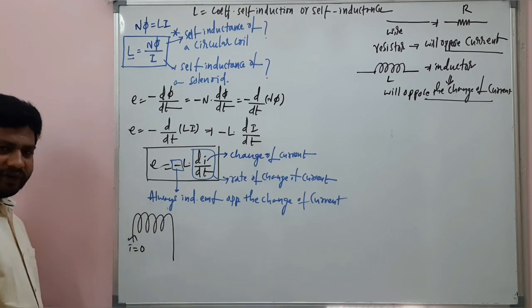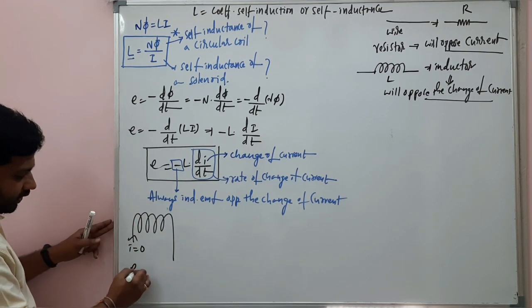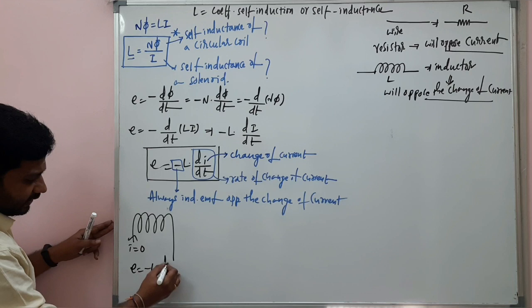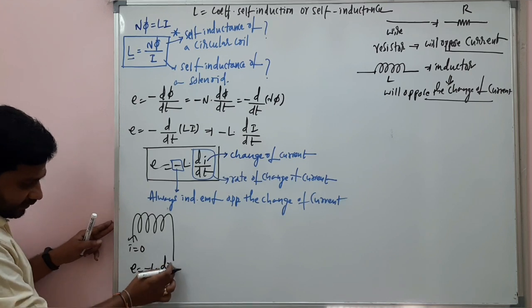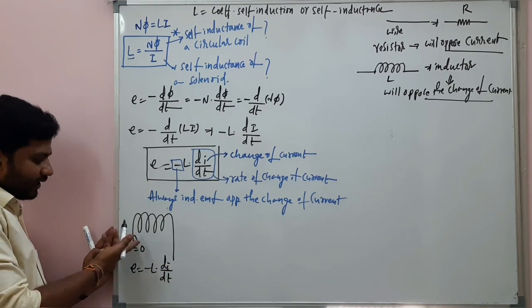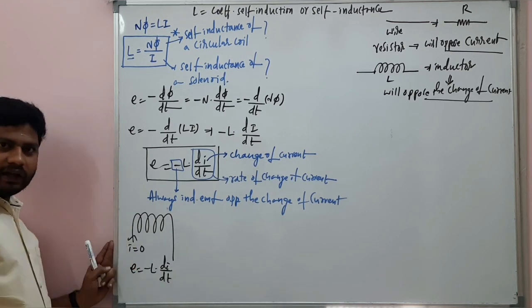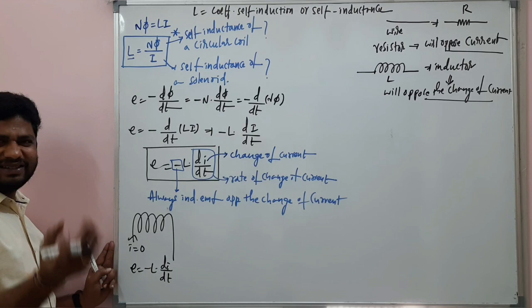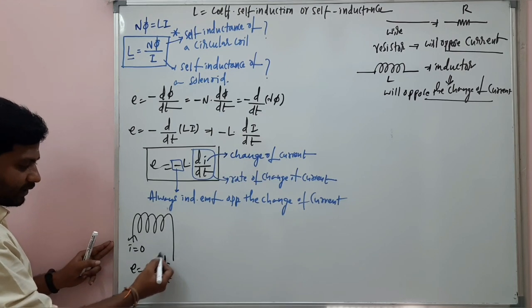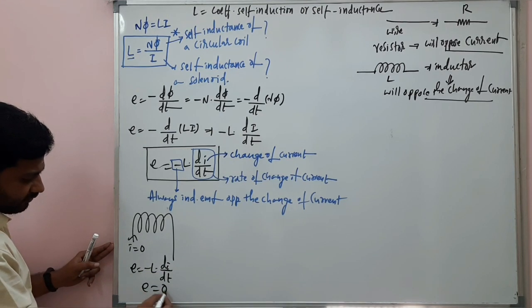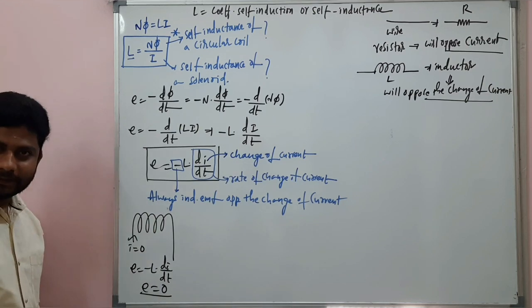What is the induced EMF here? Induced EMF is equal to minus L into di by dt, and as the current is 0, its rate of change is 0. It is not depending on time, it is just 0. So the induced EMF will be 0 in this case.